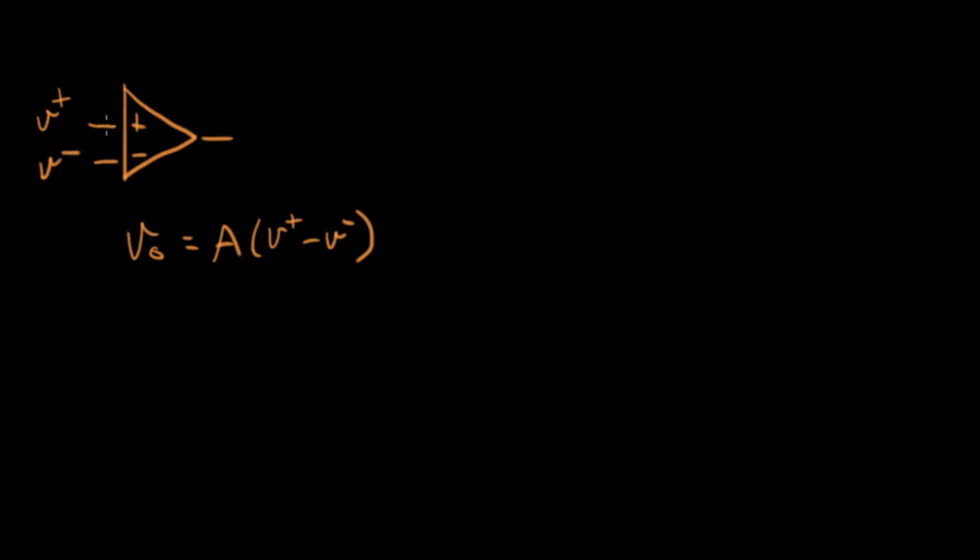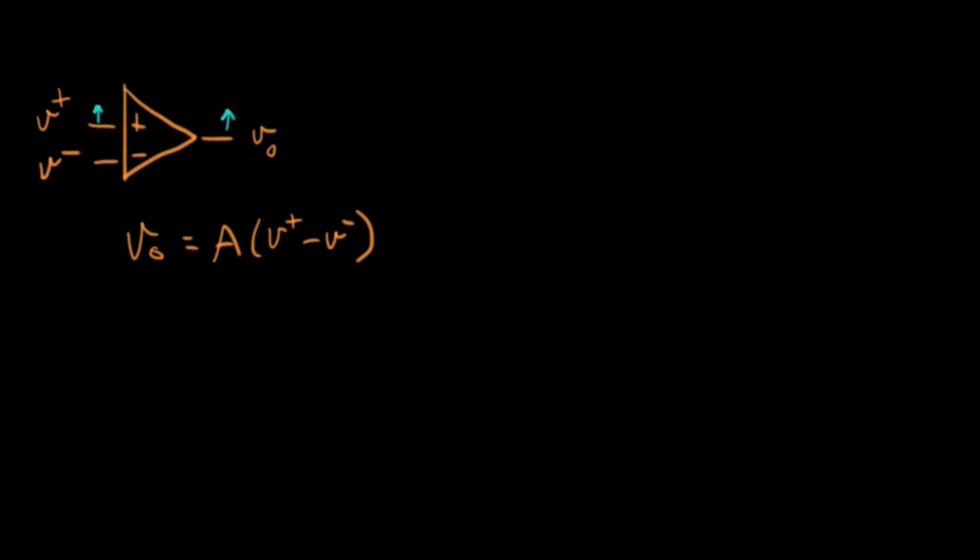One way I think about this is to look at the way a change in voltage on the input modifies the output. Let me label V out here. If there's a change on the input, say V plus goes this way, because it's a plus sign, that means V out goes this way.